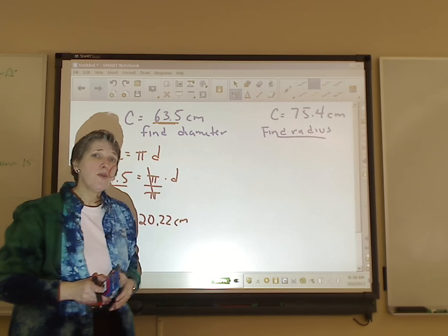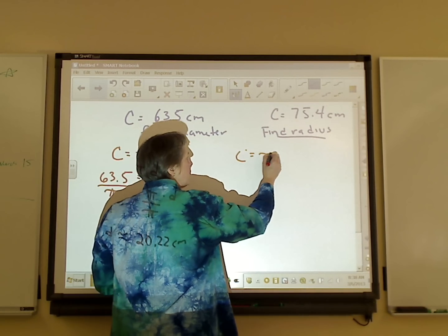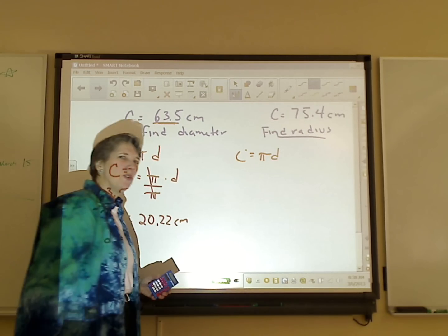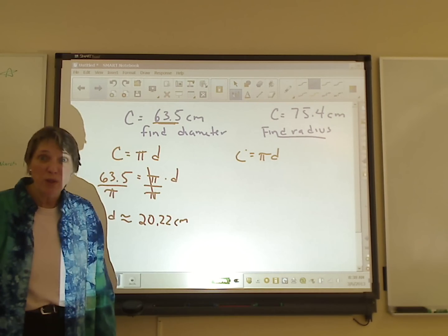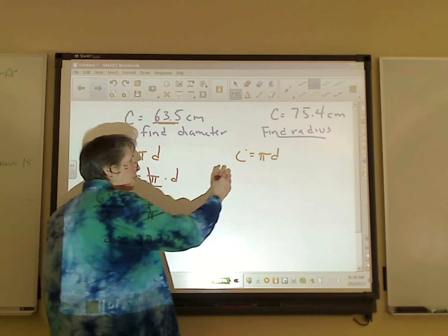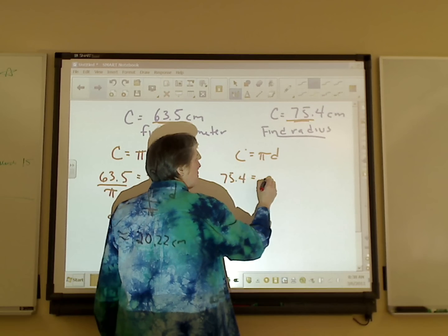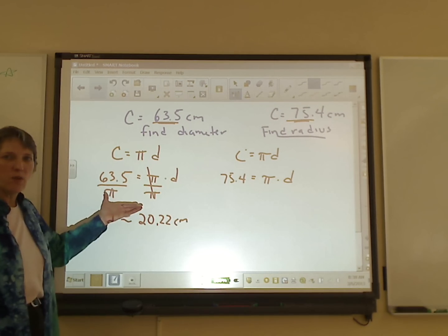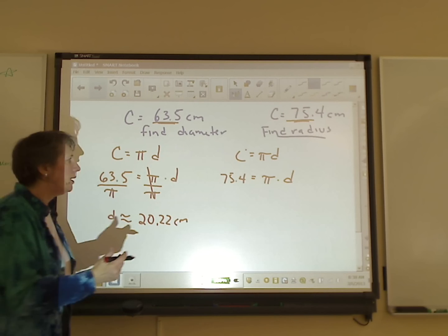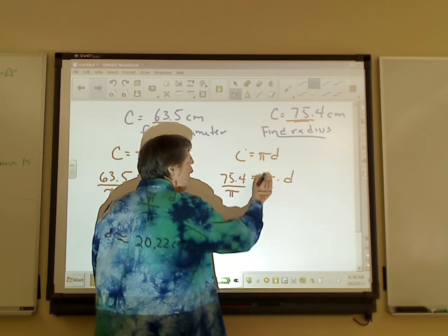Here, it asks for the radius. So I have to write C equals pi d, but because it asks for the radius, I have to find the diameter first. So I'm going to plug in for C. 75.4 equals pi times d. I'm going to solve the same way as I did over here because I already know what pi is. I divide by pi because pi is 3.14.